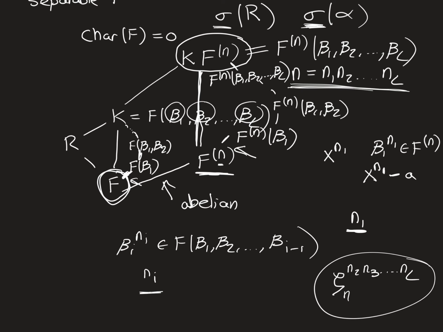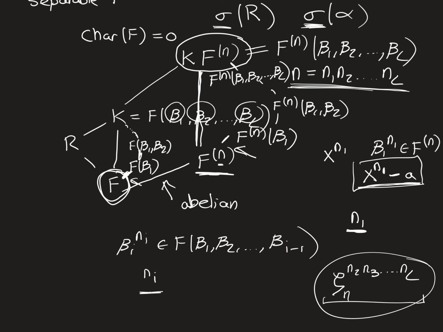That will be a primitive n1th root of unity. So the moment you've got one of these roots, you're going to have all of them. You can just multiply by powers of this to get the other ones.